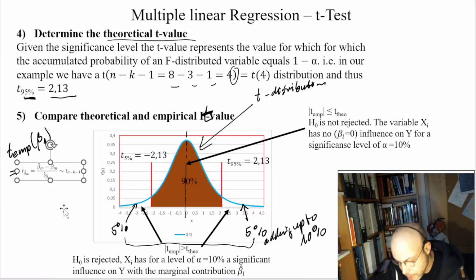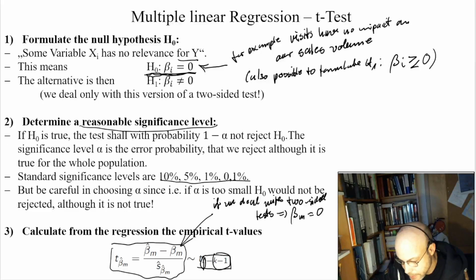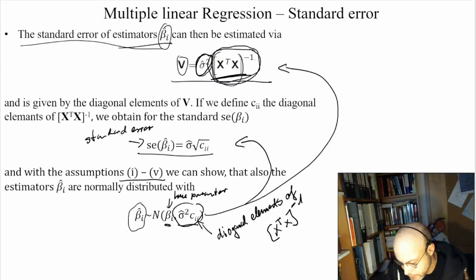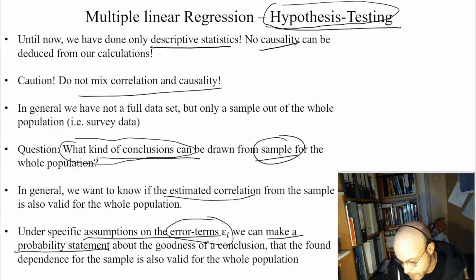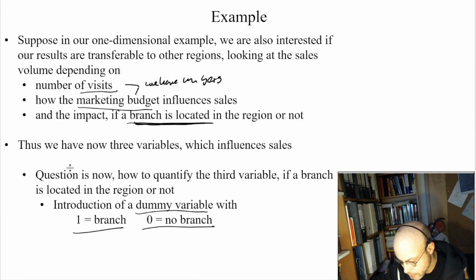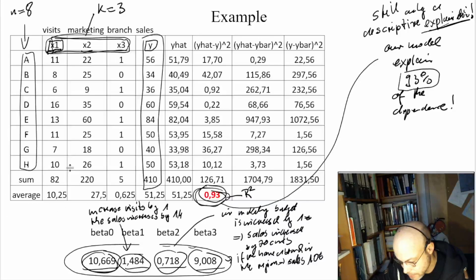So then let's go to our data, beta m. Beta m we have calculated in our example. Where did we have it? Here. So for the visits we have 1.484, 0.7 and 9.001.